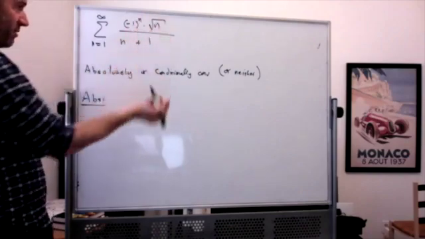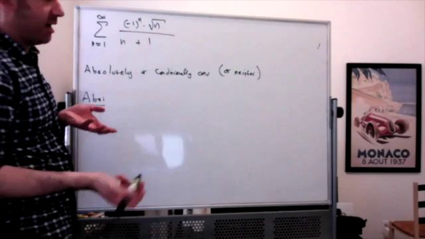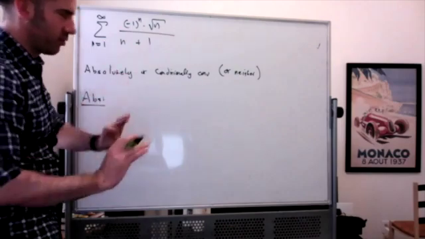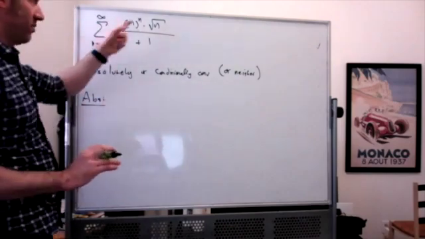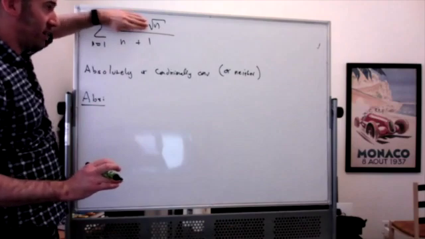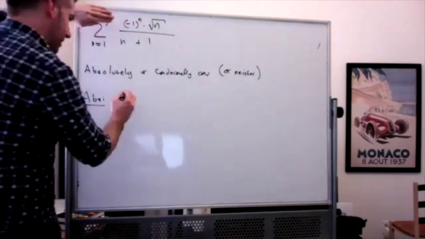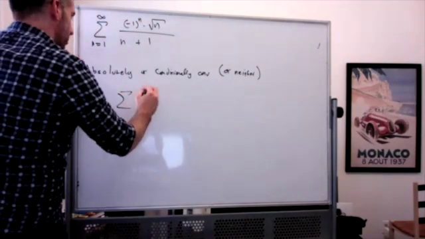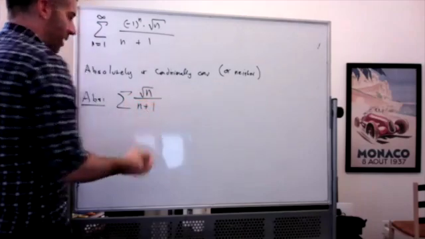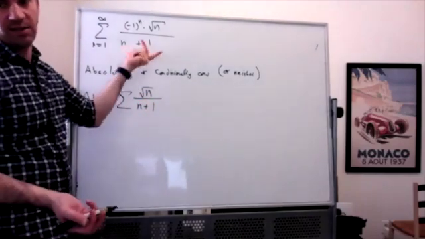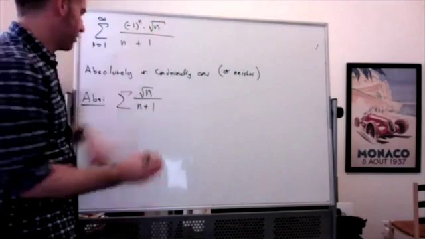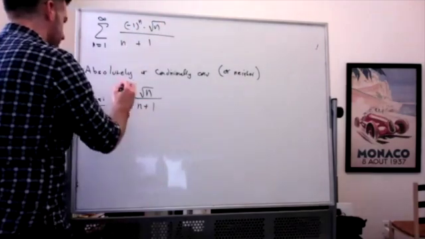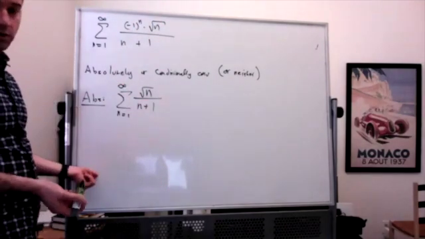Well, I'm going to look at the absolute value. So if I'm looking for absolutely convergent, without the alternating part the terms are just positive, I'm just going to write it as this. I know I'm taking the absolute value of this, that's just getting rid of the alternating part. Okay, does this converge?